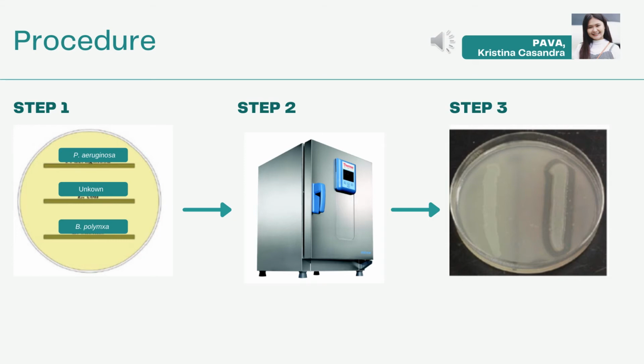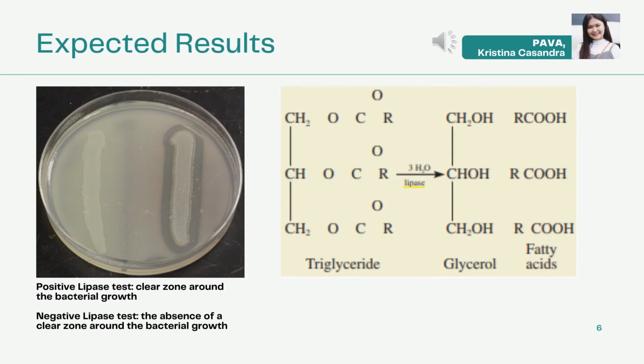Then we will incubate the agar plate at 33 degrees Celsius for 48 to 72 hours. After incubation, we will observe a wide zone of precipitation around the line of streak of the lipolytic organism.